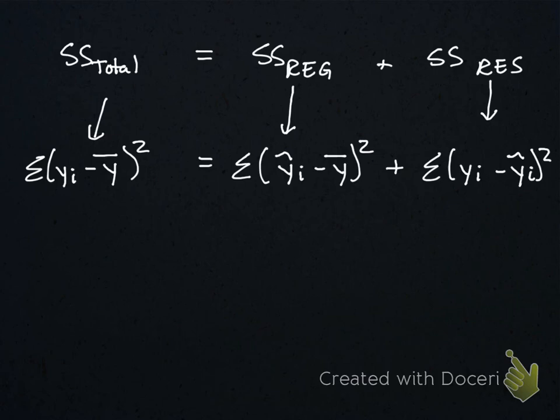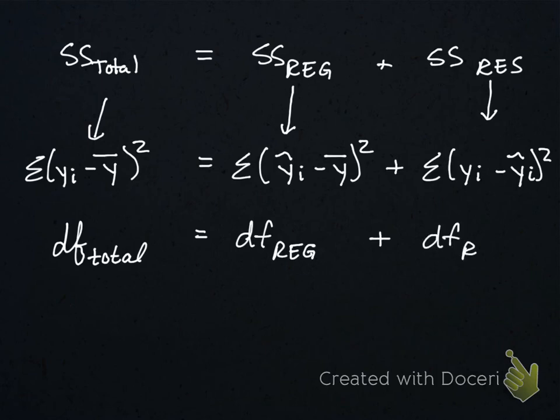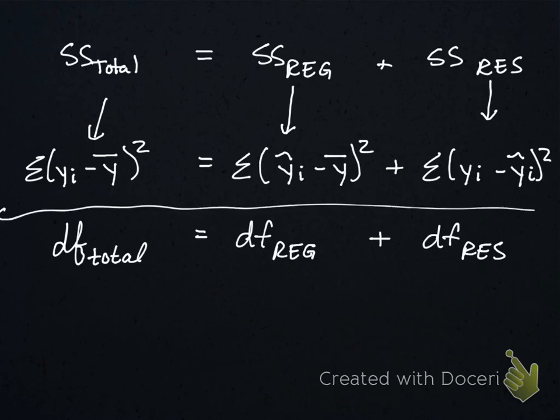Okay, so for these degrees of freedom, we have our degrees of freedom total that is also partitioned out into two component pieces, our degrees of freedom regression and our degrees of freedom residual. Our degrees of freedom total is going to be the same as it always has been. It's going to be the sample size minus 1.